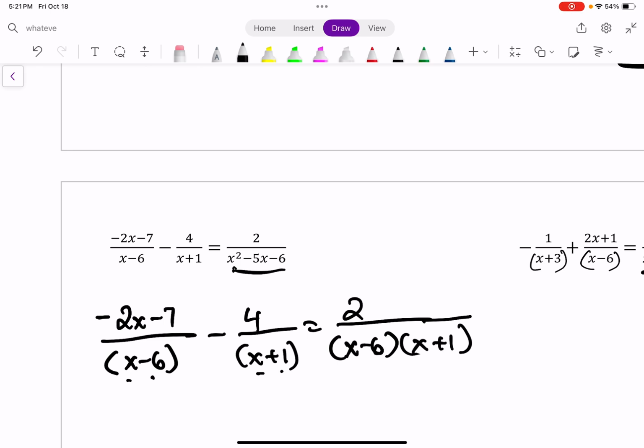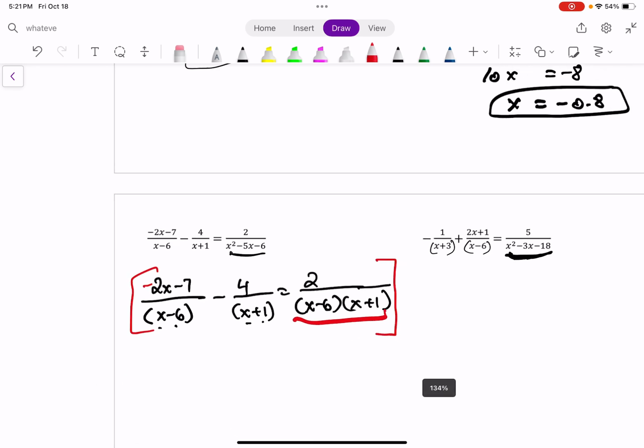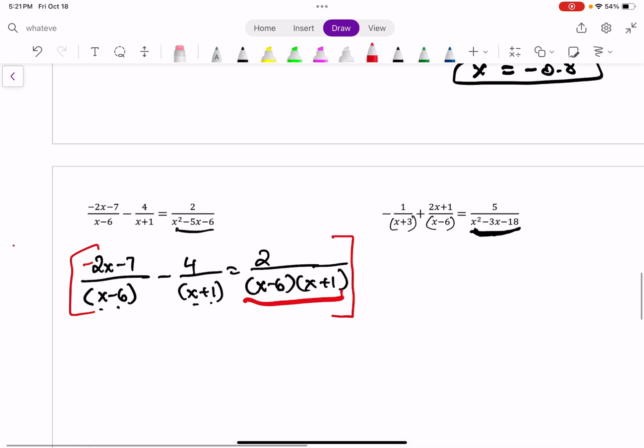Okay, so this will be your LCD. In other words, this is what you will multiply both sides by. So I'm multiplying both sides by x minus 6 and x plus 1.